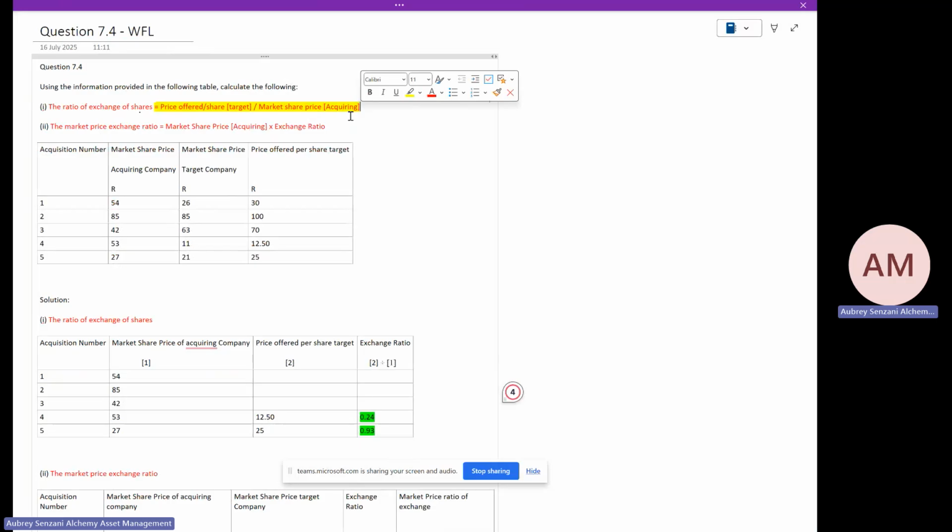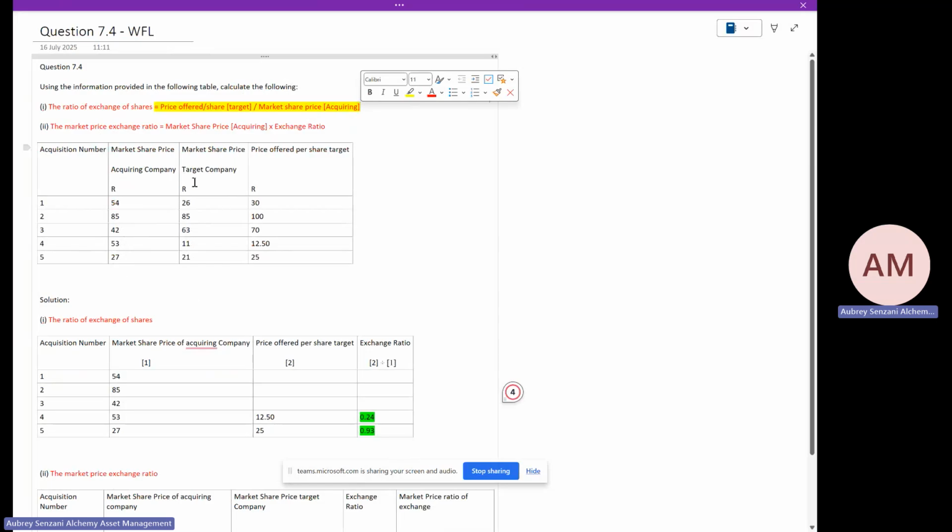So maybe let's just deal with that first, since we have broken down that concept quite nicely. Before we go on, it says using the information provided in the following table. So what information have they provided? Acquisition number. So we've got different acquisitions. Then market share price of the acquiring company, they've given it to us.